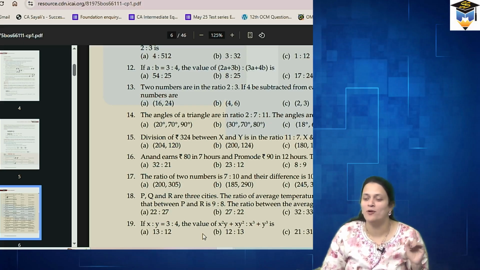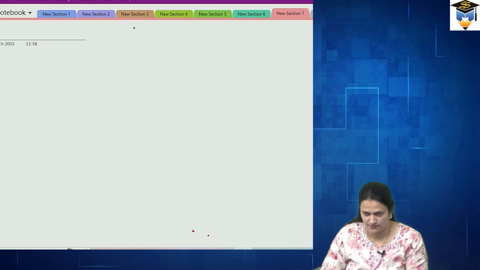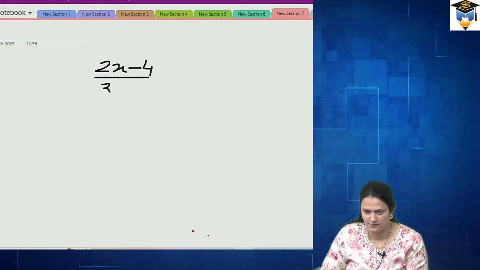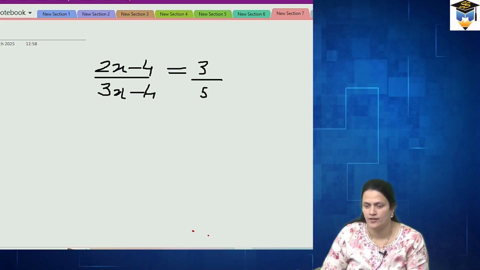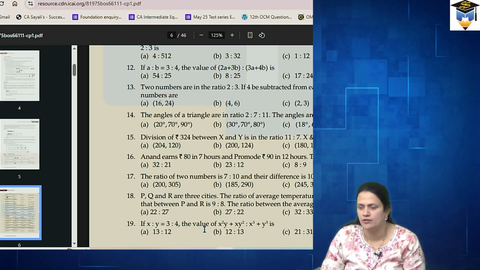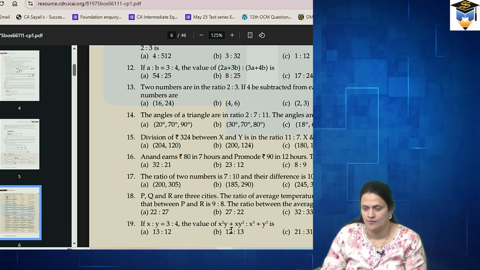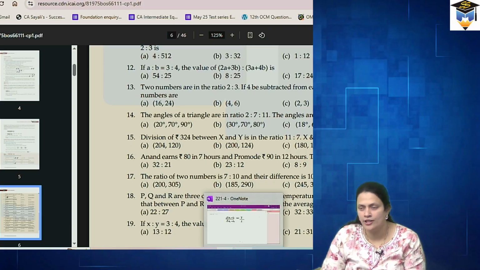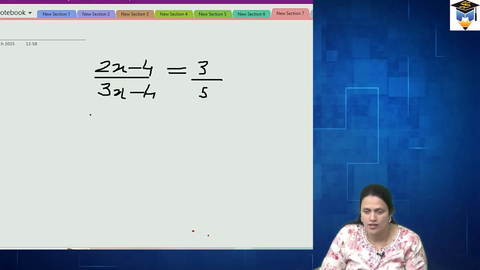2x minus 4 upon 3x minus 4 is 3/5. Cross multiply and solve, or substitute the options and solve. So write down the options: 4/6, 2/3, and none of these. I have written down all the options. Now I am going to cross multiply.